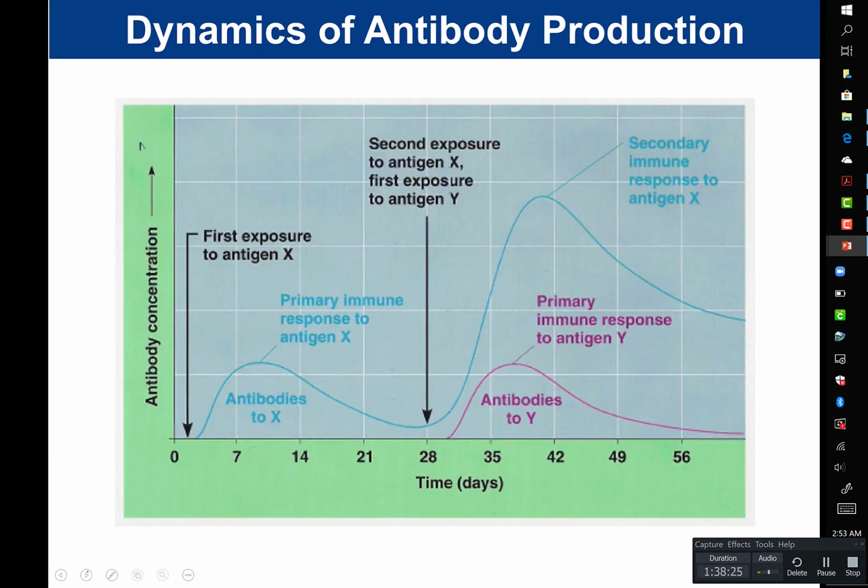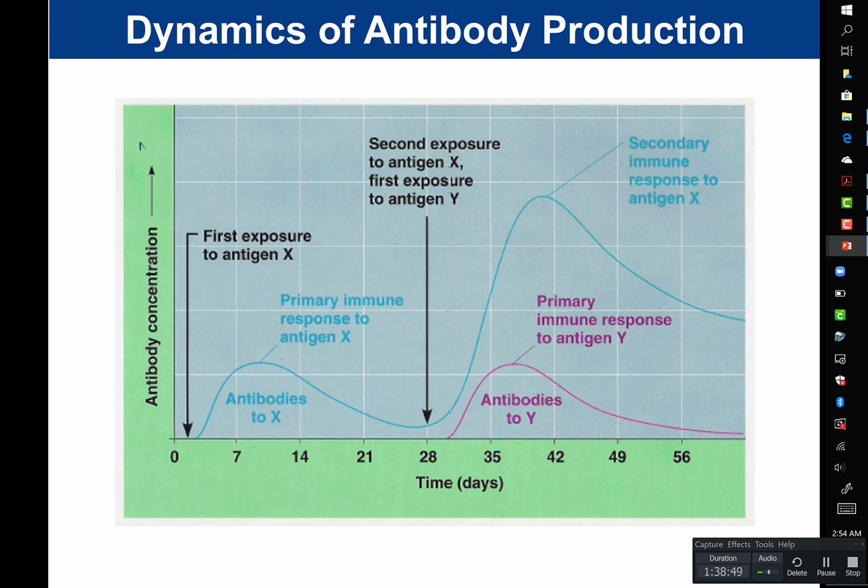So this is looking at the dynamics of antibody production. We're looking at the antibody concentration over time. If you're looking at your first exposure to antigen X, notice that it takes a while, maybe a week or so, to start producing antibodies to mount the immune response.